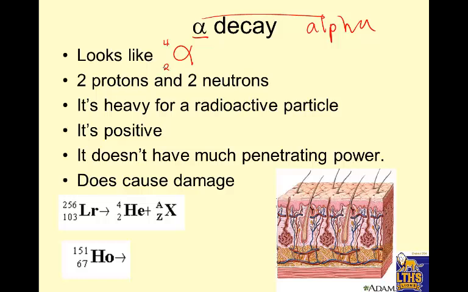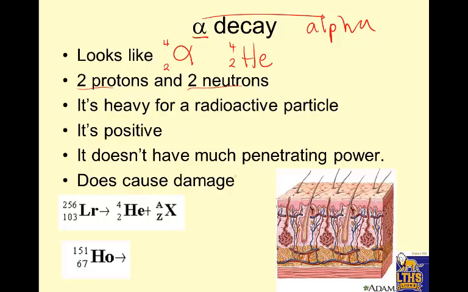So that means it has a mass number 4 and an atomic number of 2. The other thing you might see, and you should write this down, is 4 2 He, because what an alpha particle really is, is 2 protons and 2 neutrons. Okay? What has 2 protons and 2 neutrons almost all the time? A helium nucleus.